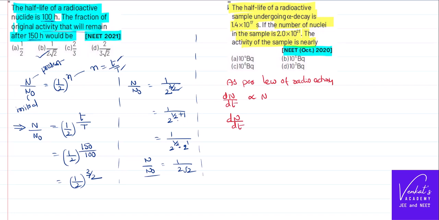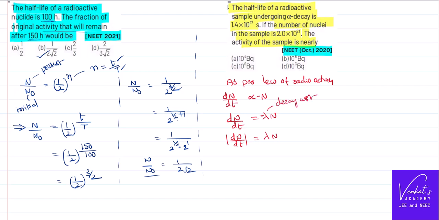Proportionality can be eliminated with a constant called the decay constant. Of course, there will be a negative sign because this is disintegration, but here we are interested only in the magnitude. The magnitude of disintegration is lambda into N, where lambda is a constant called the decay constant.